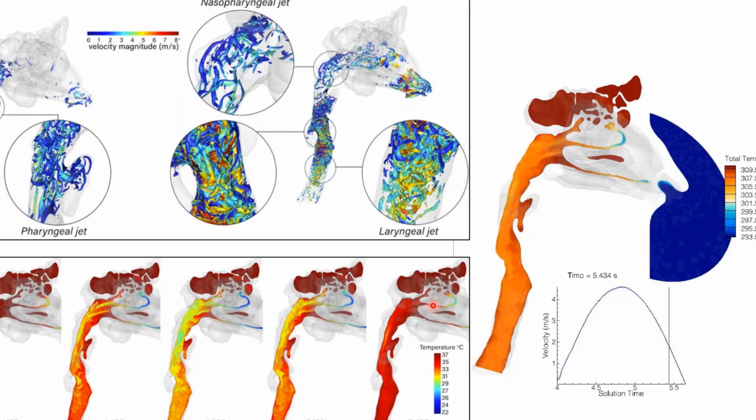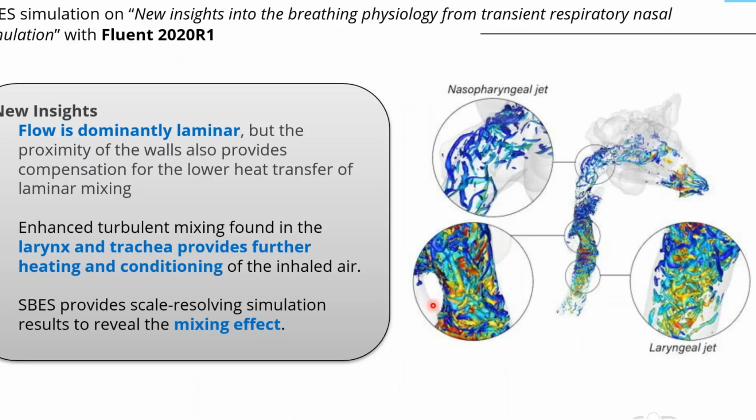And so the new insight from this work was that although the flow is dominantly laminar during the early breathing period, and also the close proximity of the walls provides the high viscous effects to produce laminar flow, there is some compensation for the heat transfer due to the mixing in the nasopharyngeal region.